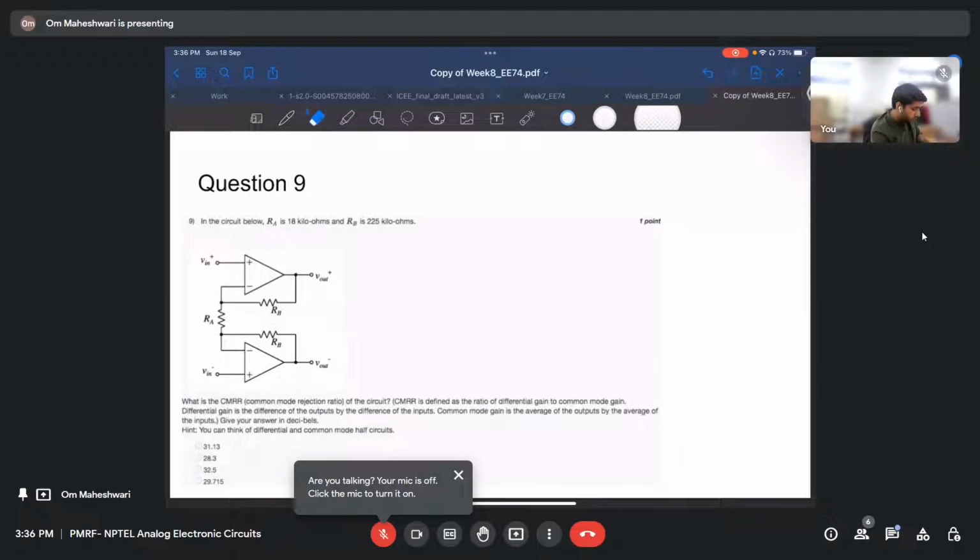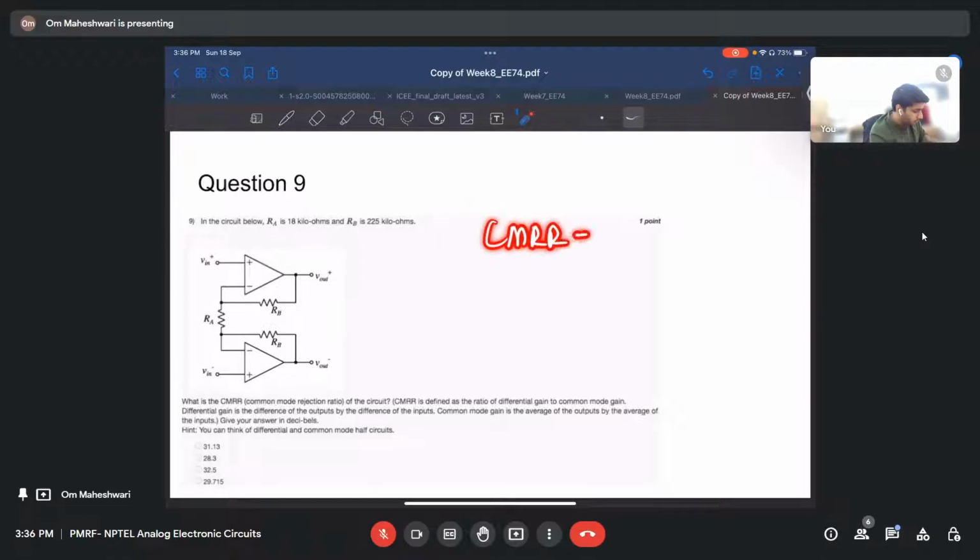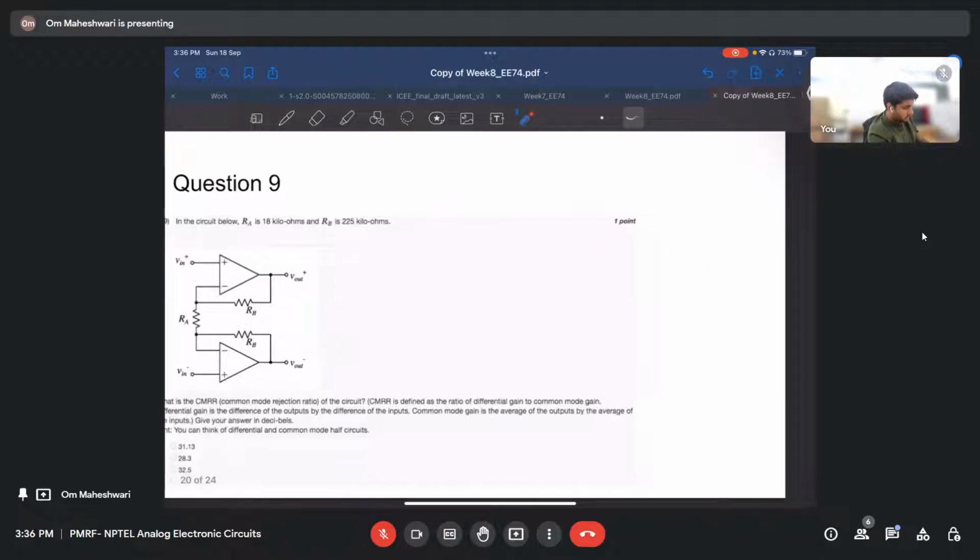So what we have to find is CMRR. We have seen it before also, and it is CMRR equals AD by AC. Let us find AD and AC, then we can find CMRR.